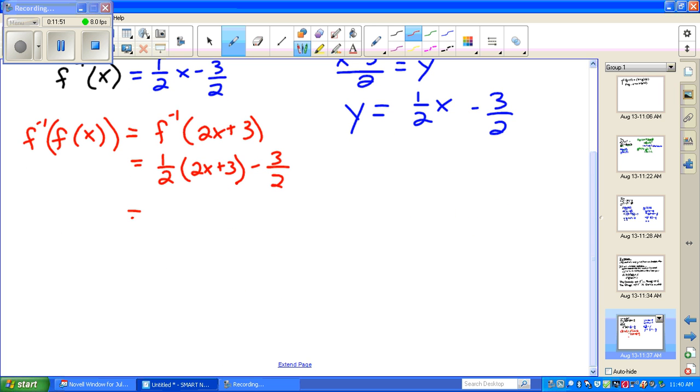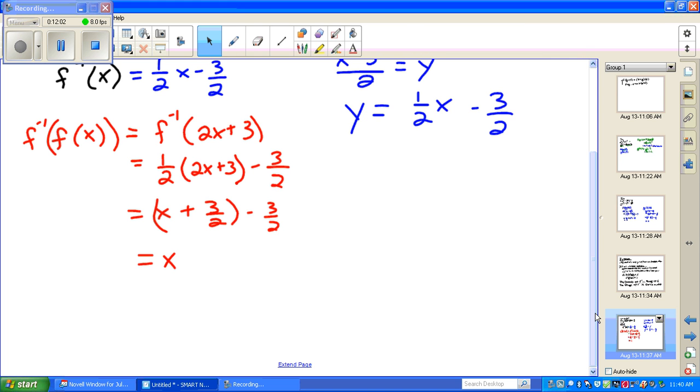And then simplify. And it simplifies to x. Again, either direction you go, you will get x. Shortcut it, calculate one of those. So hopefully this helps you understand the composite and how inverses fit in along with your composites.